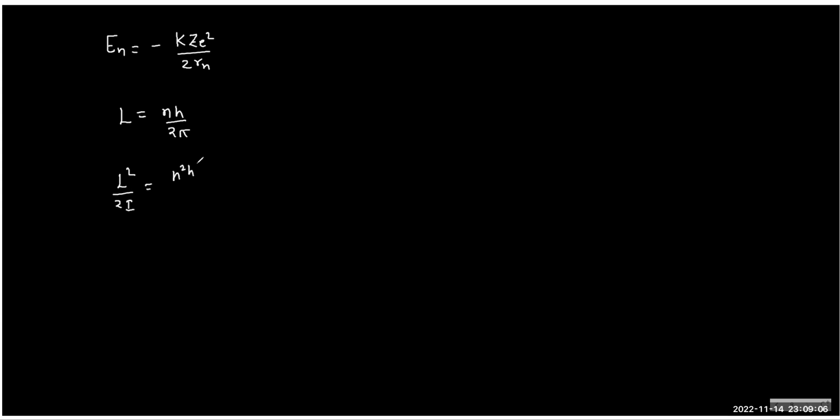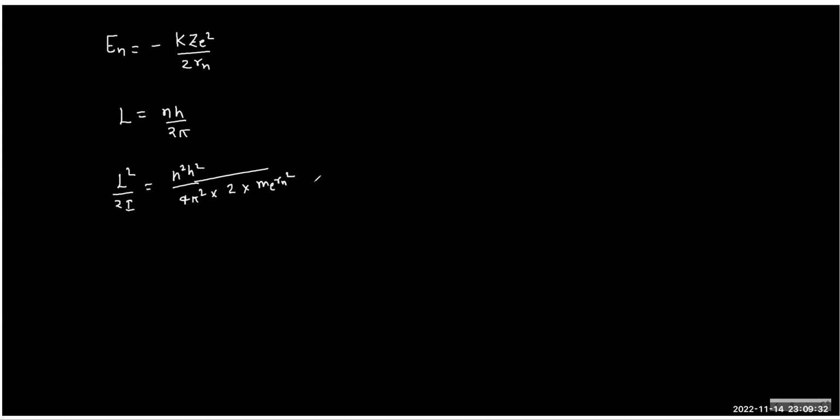L square by 2I is n square h square by 4 pi square by 2I. The moment of inertia of a particle at a distance r is how much? m r square.